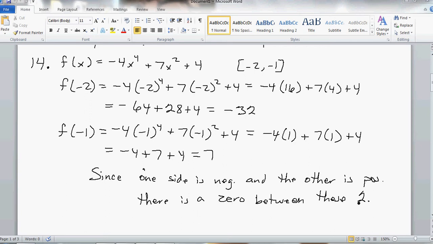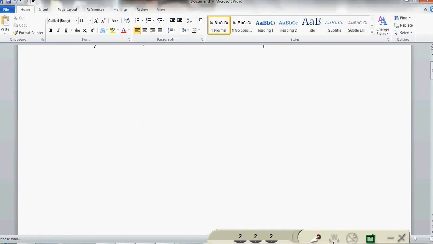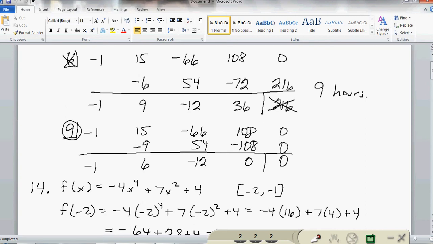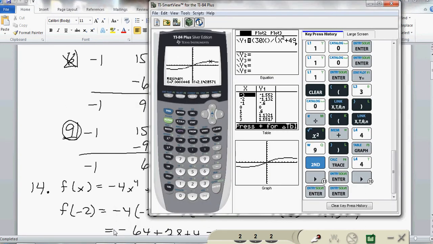And finally we get number 15, and it says the function has a 0 in the given interval, and we need to approximate the solution correct to 2 decimal places. I'm going to simply go to the calculator and graph it and find it that way. That truly is by far the easiest way to go.